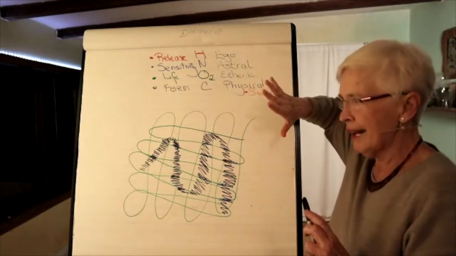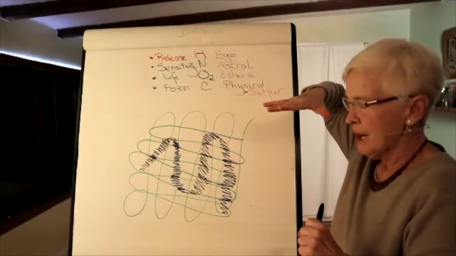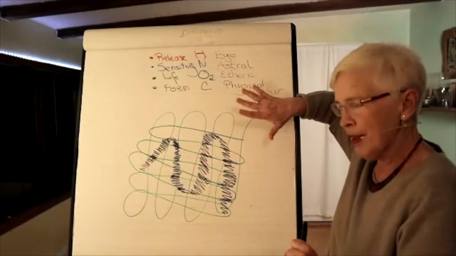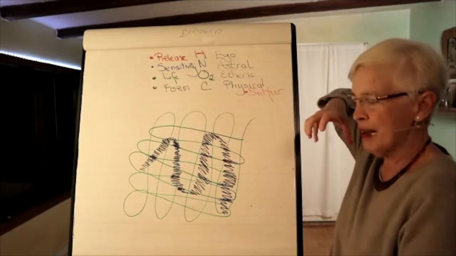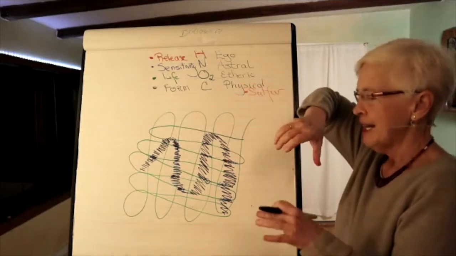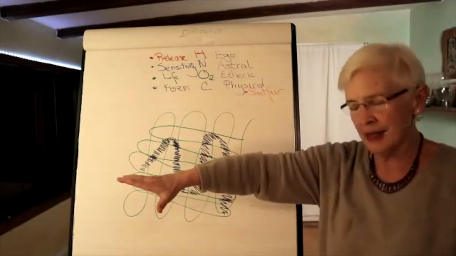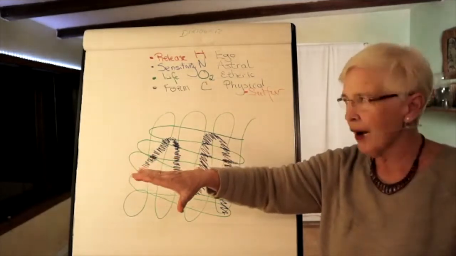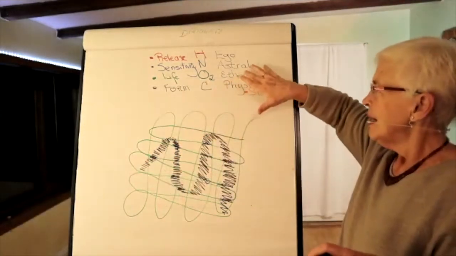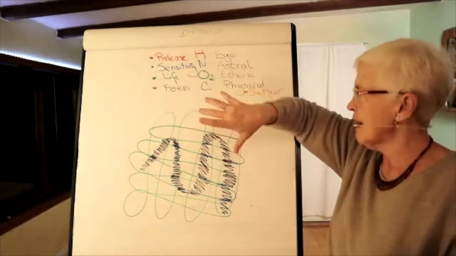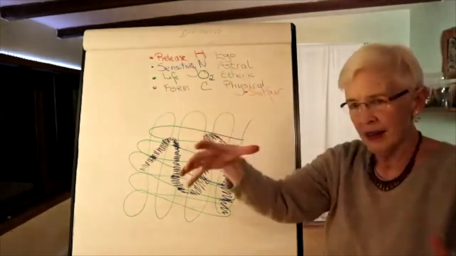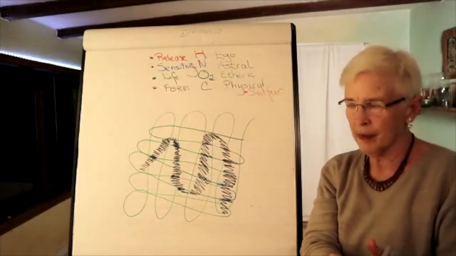This corresponds to both ethers and elements. The physical body corresponds to the earth element, and in the nature around us, it corresponds to the rocks and the minerals. Wherever the physical is combined with the etheric, we have the plant world.